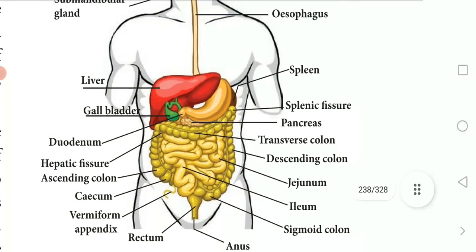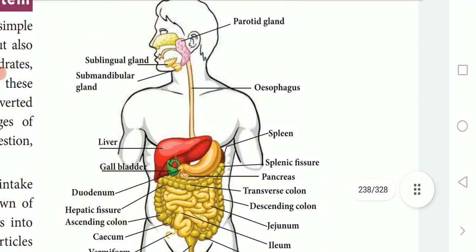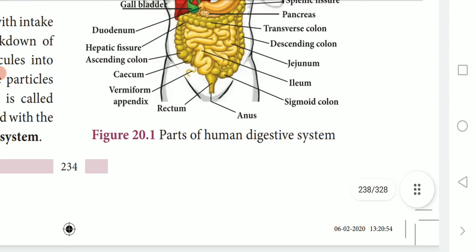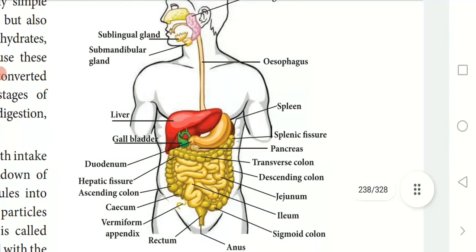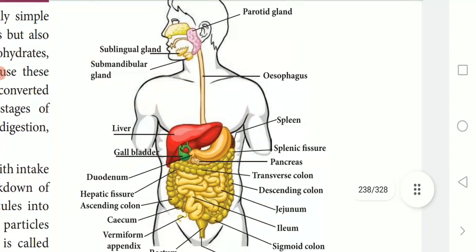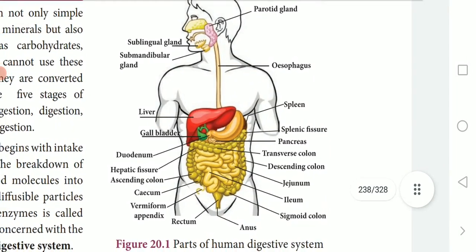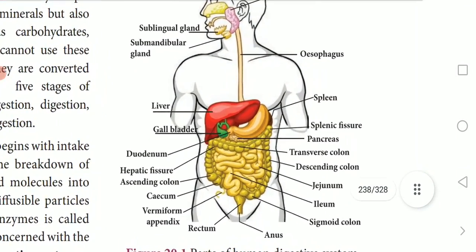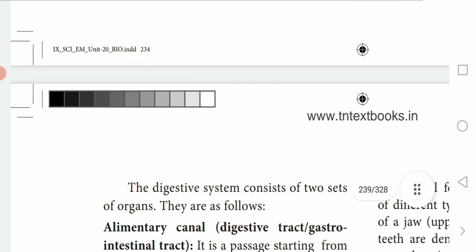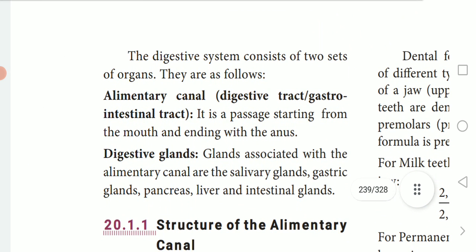These are the parts present in our human digestive system. Learn all these parts, and practice this diagram in your classwork. Then we'll see the continuation of it.